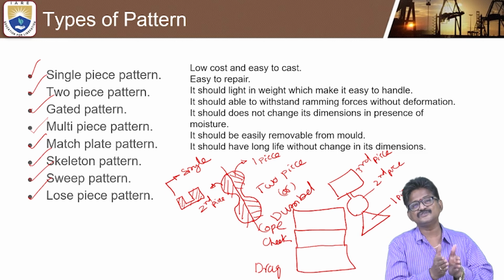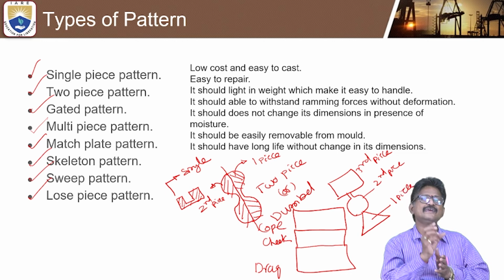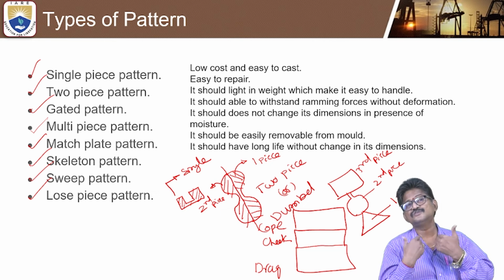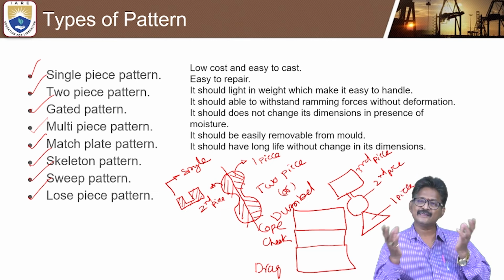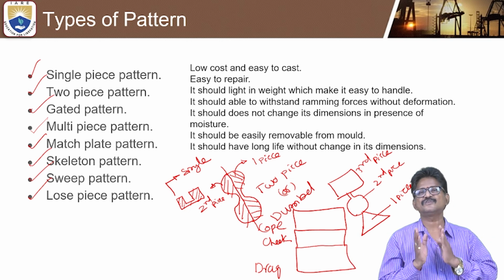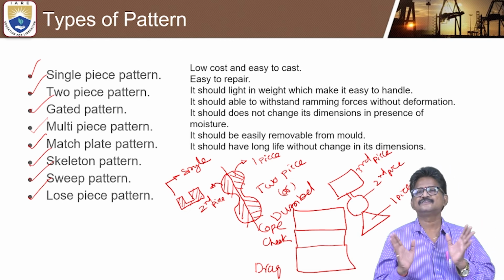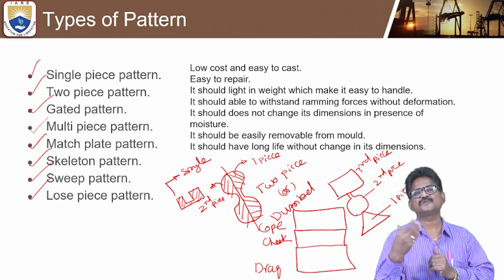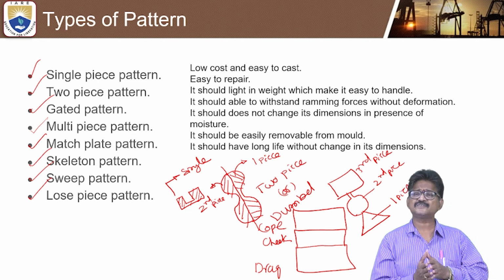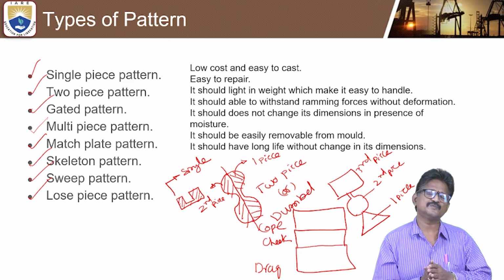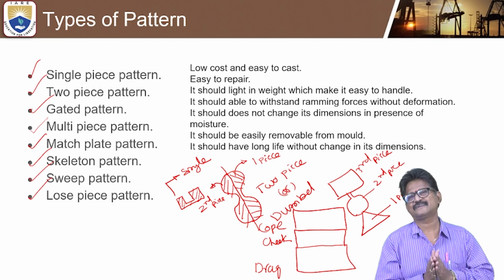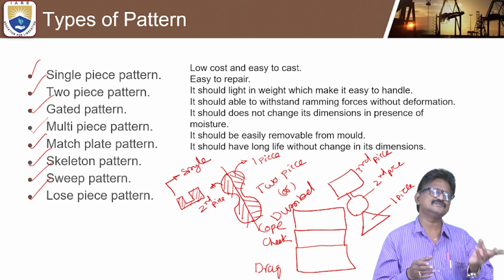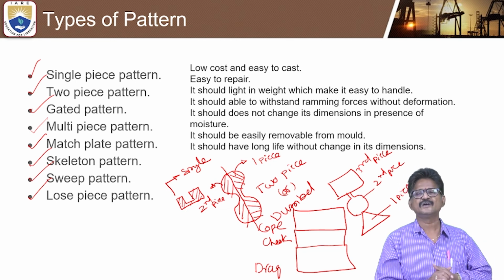When you want to use a wood pattern, only a small number of components can be produced. When you want mass production, obviously only a metal pattern can be selected, because if 1 lakh, 2 lakh, or more components should be produced, it is the metal pattern. For moderate production, you can use either plastic or ceramic material.